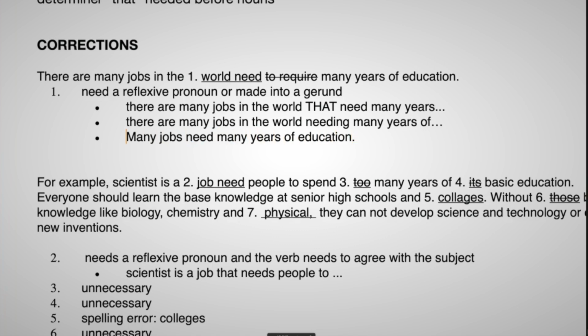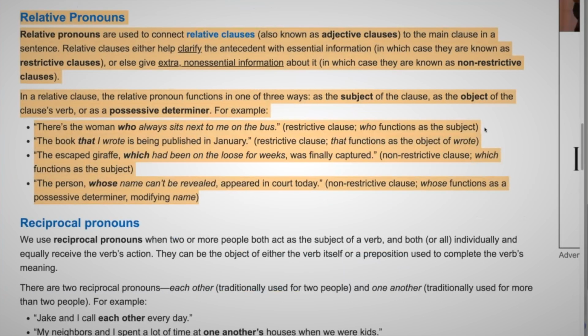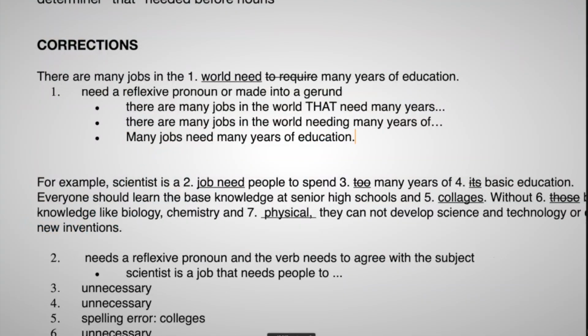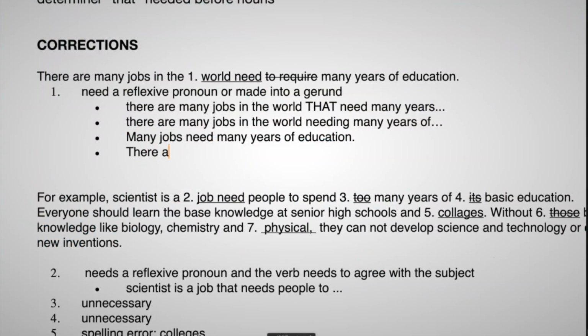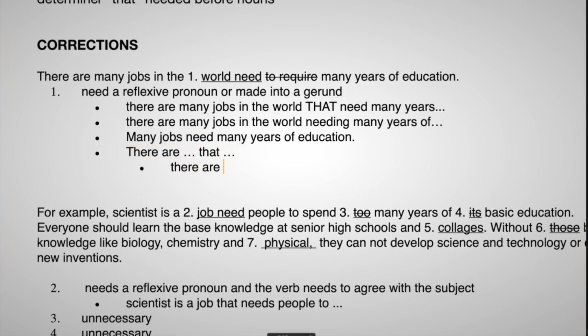When we structure the sentence so that we have the subject here, we don't need that relative pronoun. But if we use there are, then we also need that relative pronoun. When we use this structure: there are many dogs that need many bones.